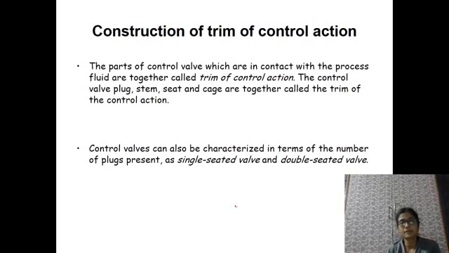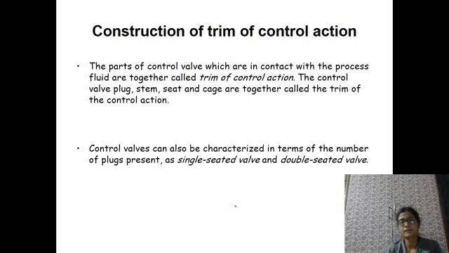So the parts of the control valve which are in contact with the process fluid are together called stream of control action: plug, stem, seat and cage. That means the lower portion of the final control element together forms the stream of control action.